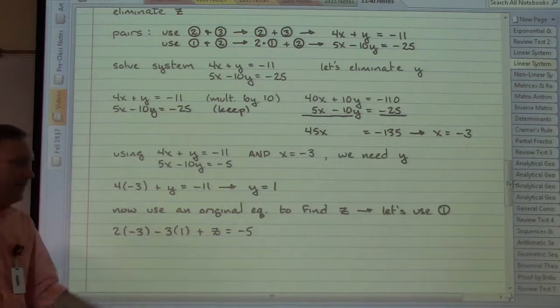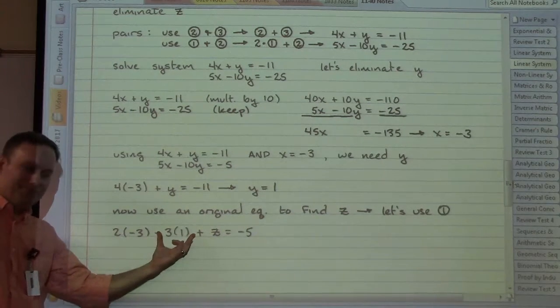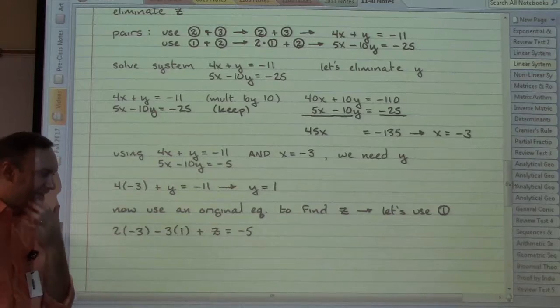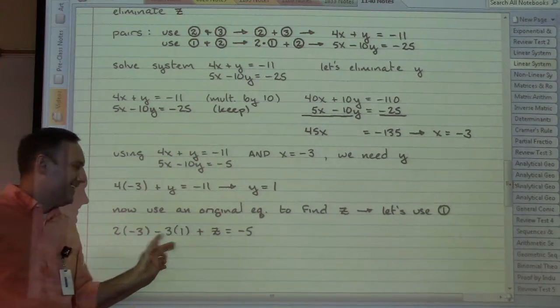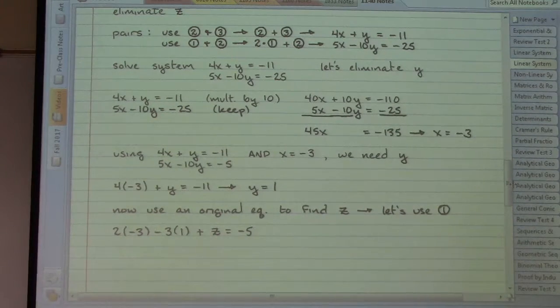Excuse me, negative 6 minus 3. It's negative 9. Sorry. Negative 9 plus z equals negative 5. So it's looking like z would be equal to 4.